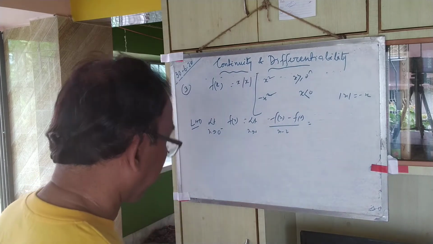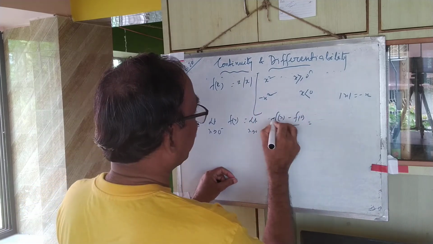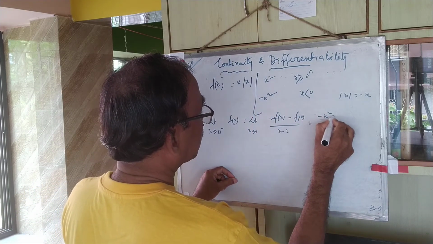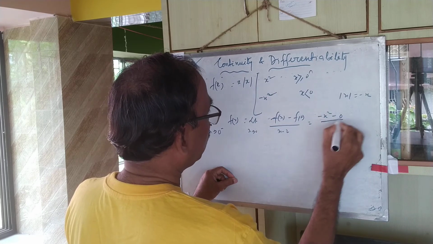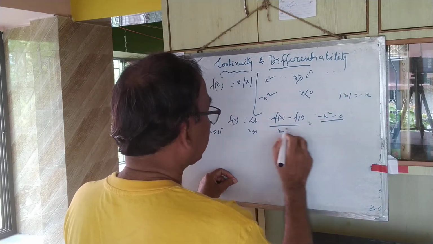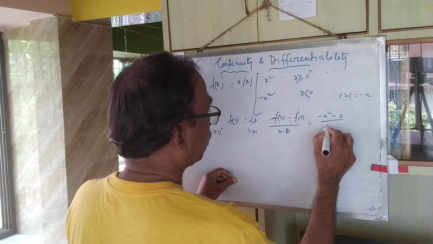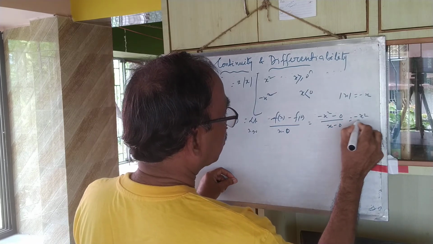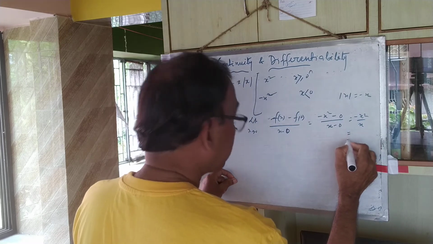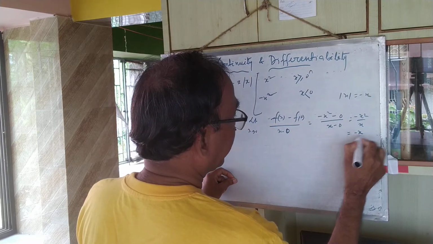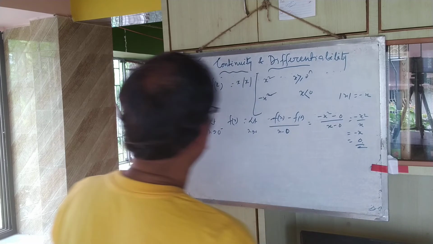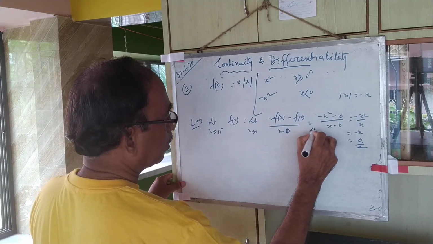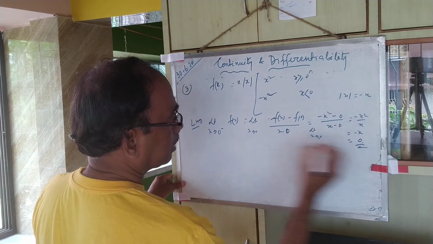Here f(x) is minus x square, minus x square minus f(0), which is 0, over x minus 0, that is minus x square over x, that is minus x. Limit x tends to 0, that is 0.